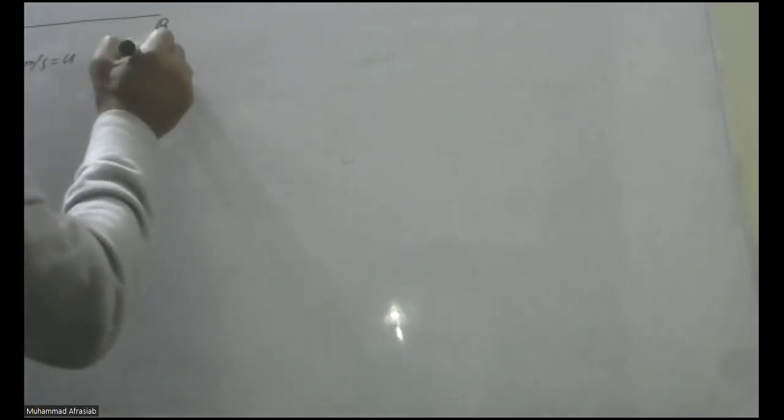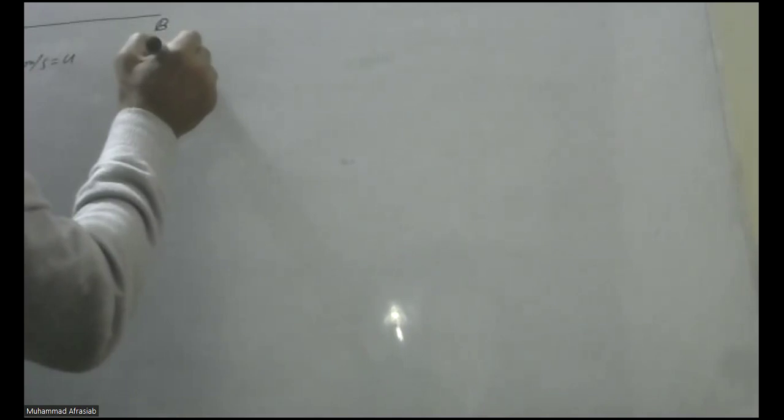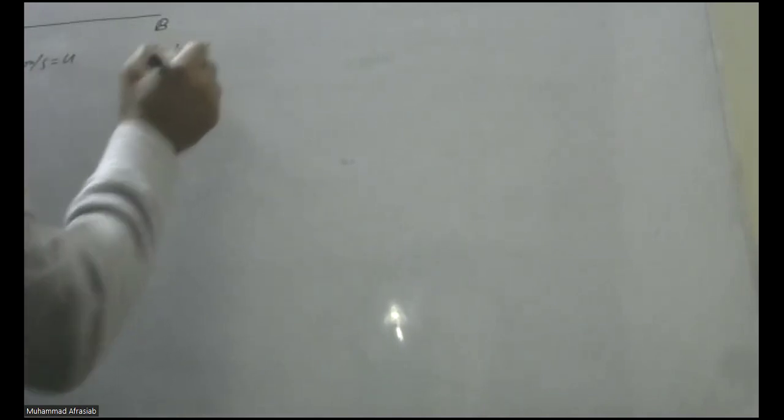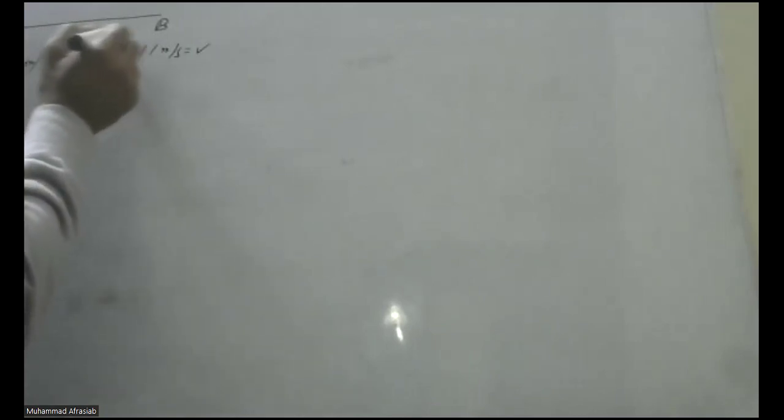At A, speed is 1.4 meters per second, and that is u. At B, speed is 1.1 meters per second, and that is v. And the time taken between A and B is 1.2 seconds. Then we are going to calculate d, which is the deceleration.